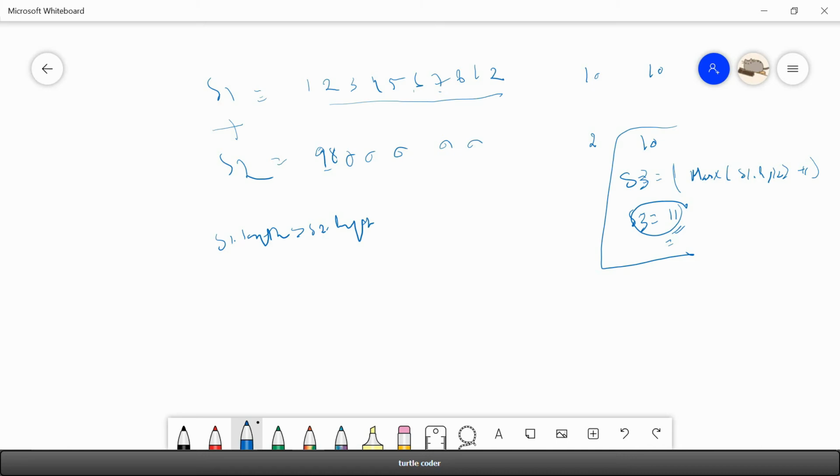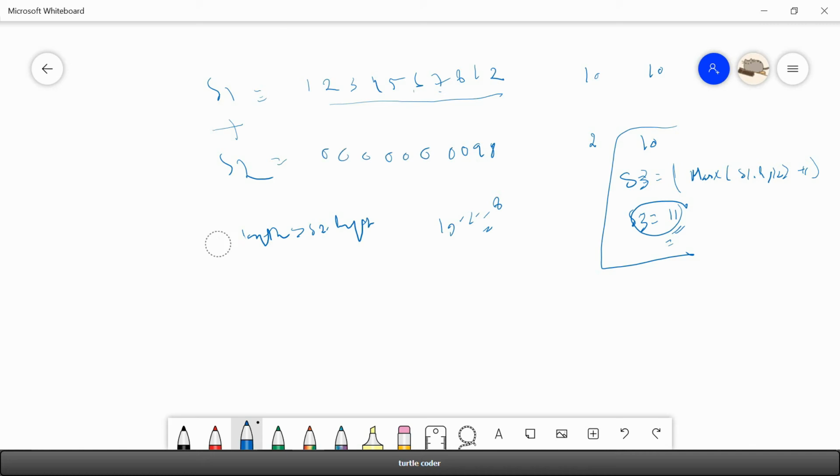If I do so, I would make S2 a greater number than S1, and then the answer would be drastically different. So what I should do is keep this 98 in its position over here and fill up zeros in front. How many zeros? The difference of their lengths. So 10 minus 2, I have to add 8 zeros in the front. 1, 2, 3, 4, 5, 6, 7, 8.